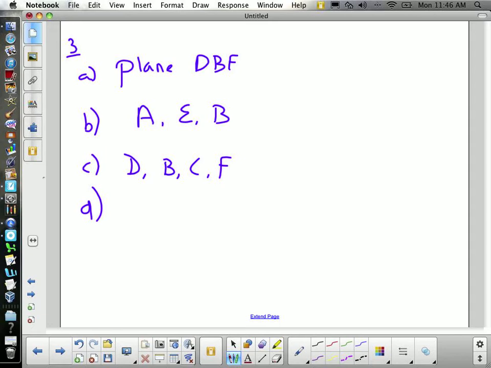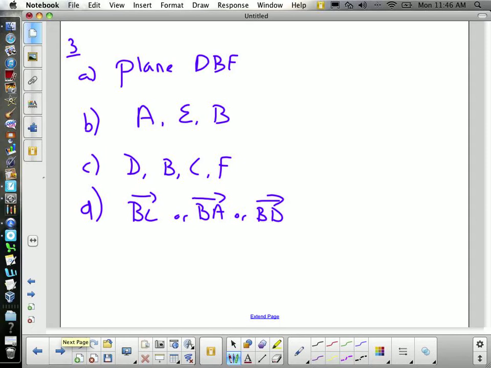Now, if you said BC, that's fine. You could draw a ray BC, but what's the one drawn in the picture? BA or BD are both drawn in. But BC would be acceptable too. So I could say BC, or BA, or BD, or BE for that matter. Heck, you could even say BF. It just has to start with B.